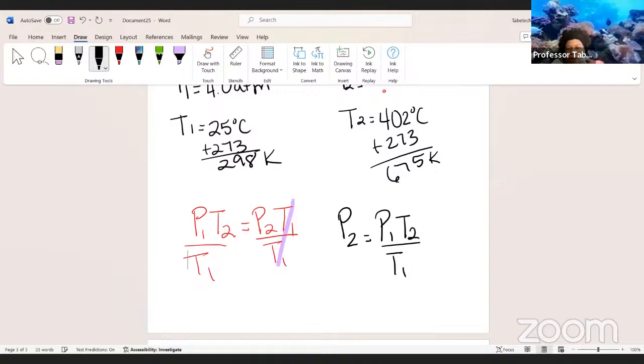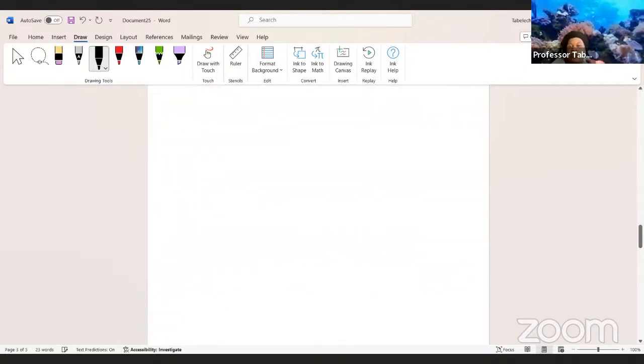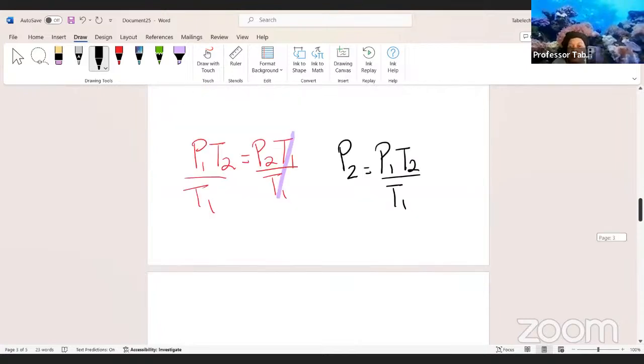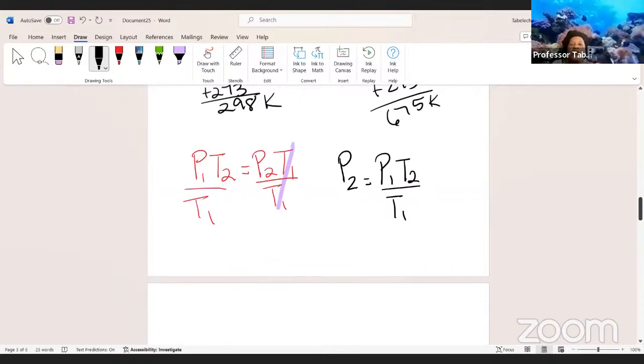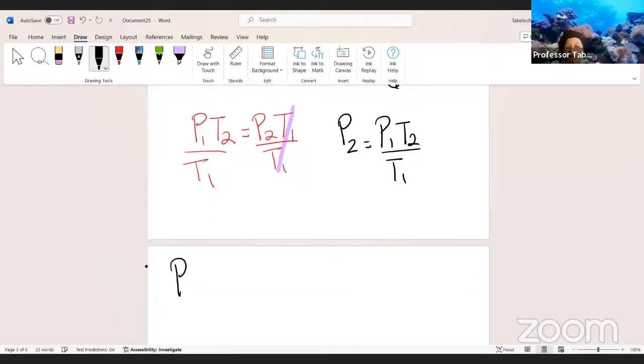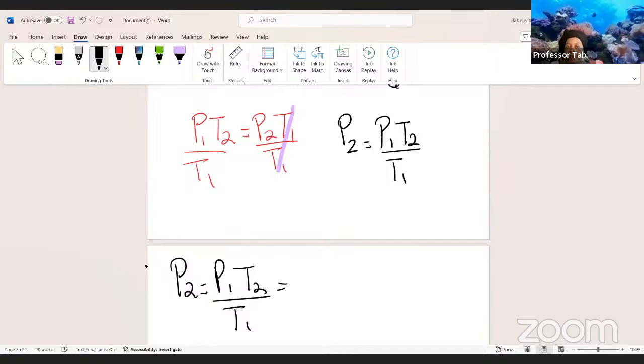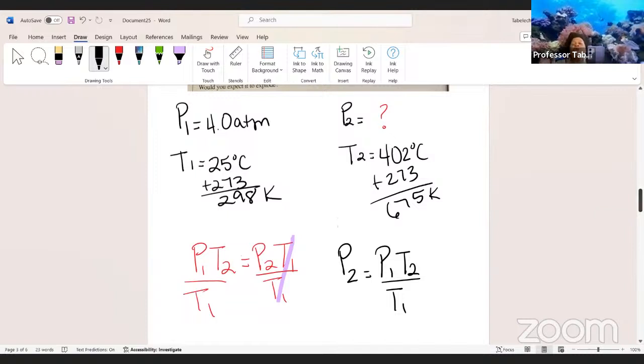Let's do that to make sure we're good to go. Since I know this is my formula, I'm going to plug in those values: P1 times T2 over T1. Before we give you the answer, let's figure out what our pressure could potentially become. Notice your temperature went from 298 to 675, so our temperature increased.